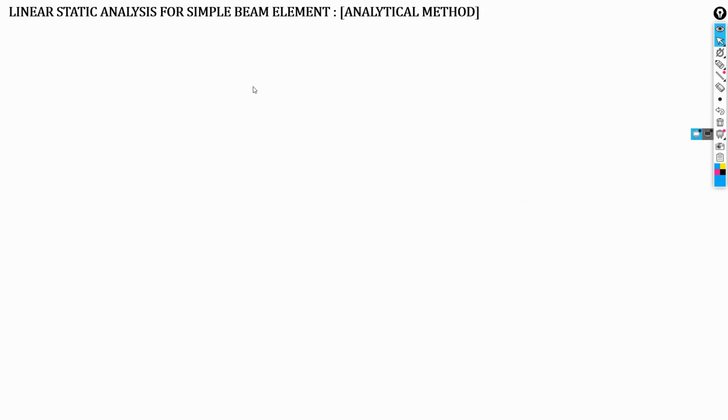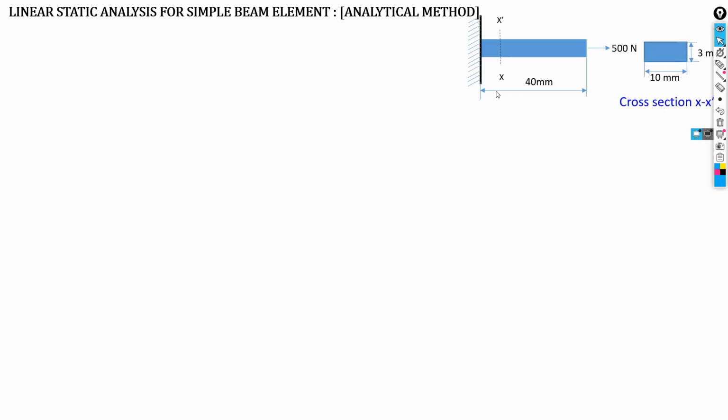So I took the same problem we solved in HyperMesh, which is a 40 length beam with a cross section of 10 into 3. For that case, we first need to find the area of the cross section.